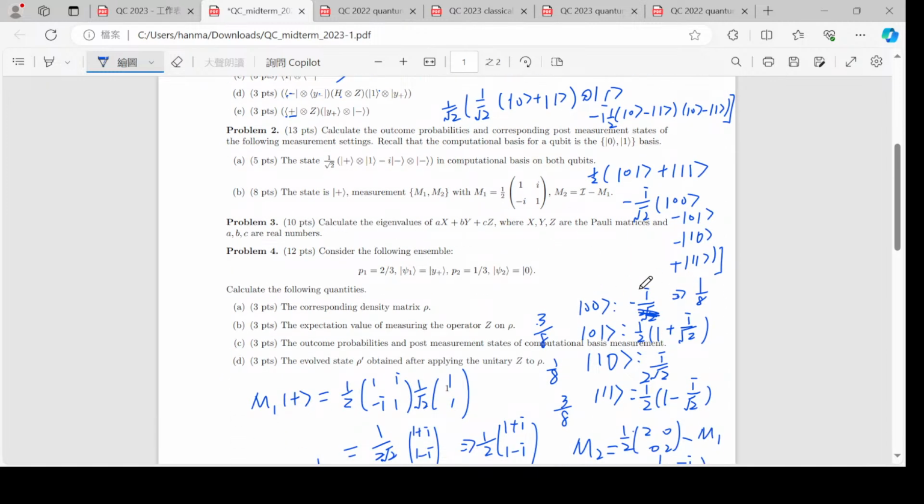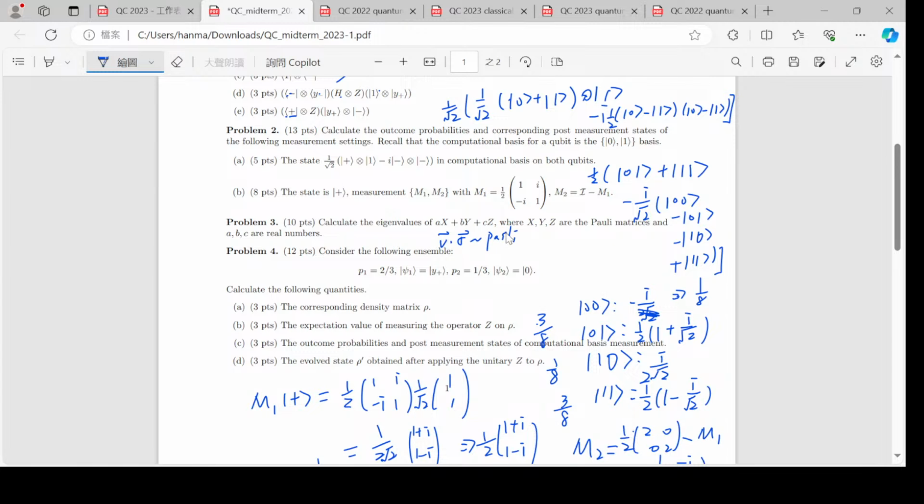Okay, so the third one you can do brute force calculation. You can write down the matrix for this explicitly and actually calculate the eigenvalue, but there's a way to cheat here. So remember we talked about the Bloch sphere, and we said everything that looks like this, v dot sigma, is like a Pauli, right?